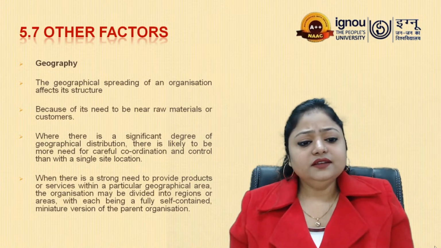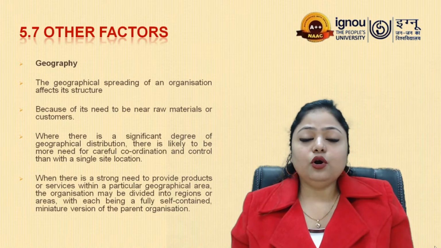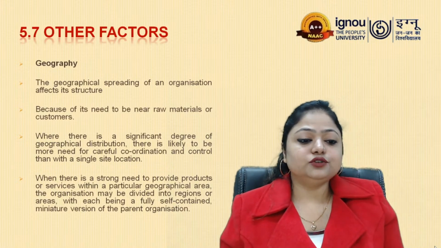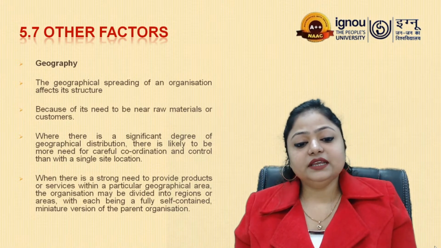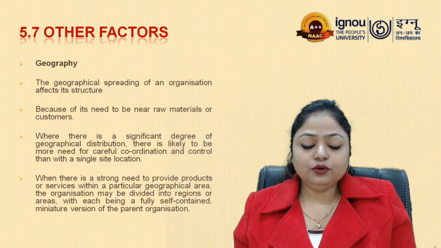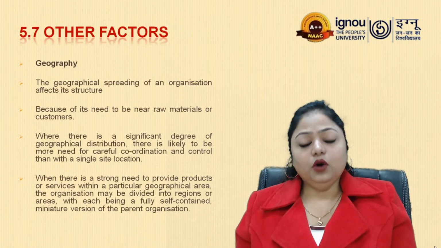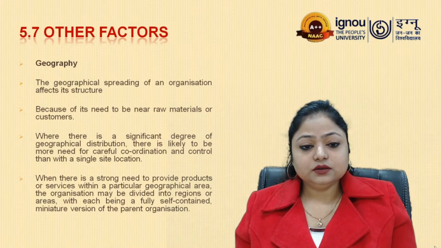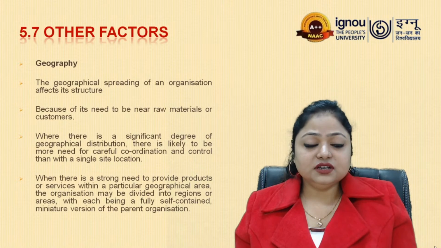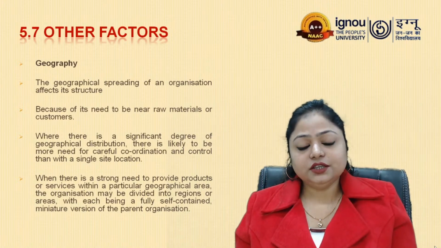When there is a strong need to provide products and services within a geographical area, the organization may divide itself into regions or areas, each having its full self-contained miniature version of the parent organization. So how many geographical locations are served by the organization? What is the availability of raw material? And does the product need to be catered to customers within a short span of time? These will decide what kind of structure the overall organization is going to have.